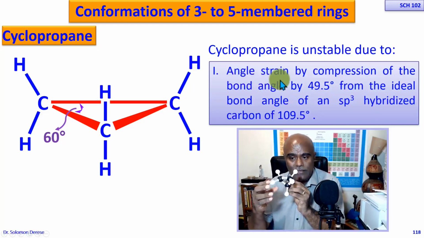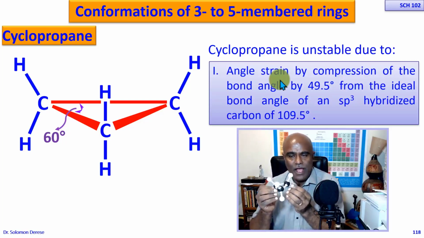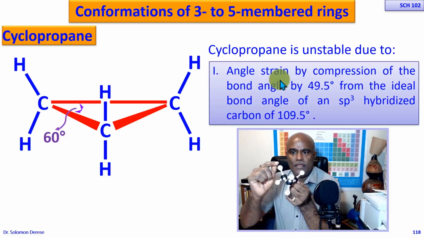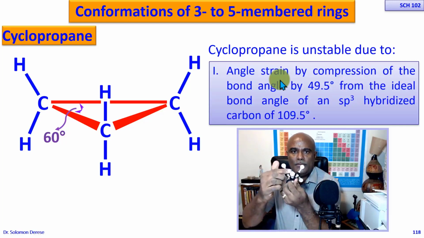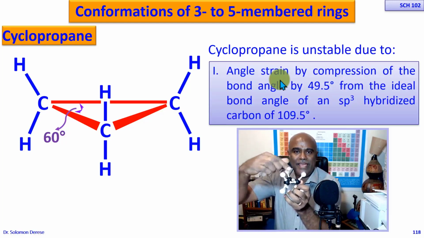The other reason why cyclopropane is unstable is because of torsional strain. As you can see, these hydrogens eclipse each other. The ones on top eclipse each other.